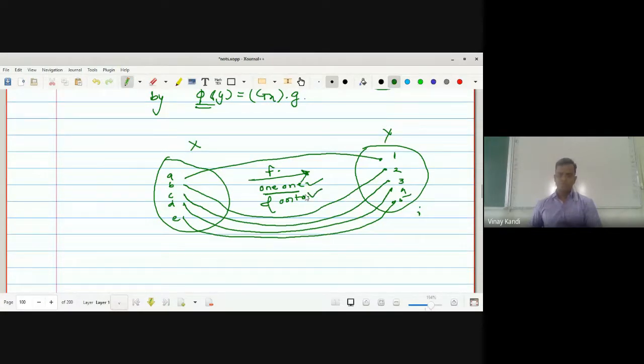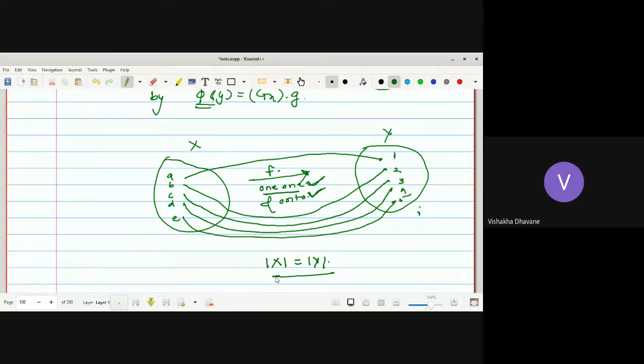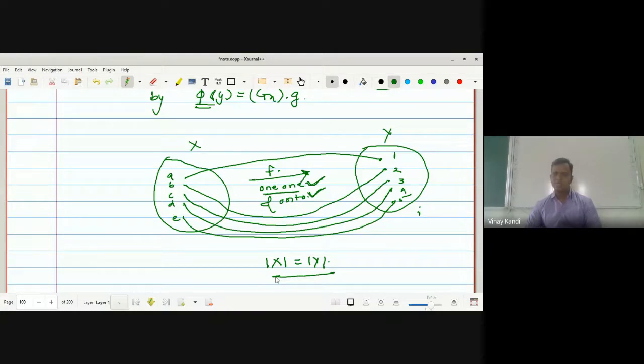So if any function f from set x to set y is 1-1 and onto, then order of x is equal to order of y. Is it correct? Yes, sir. If a function is 1-1 and onto, then the order of set x is equal to the order of y.